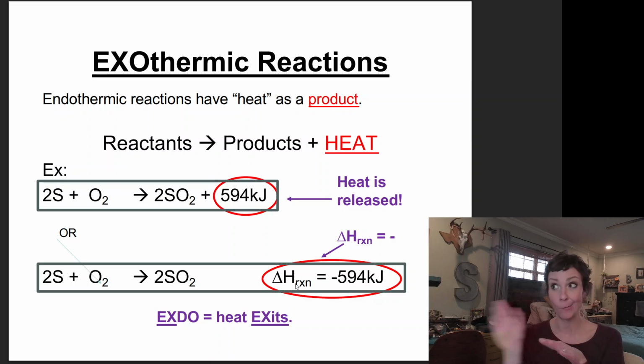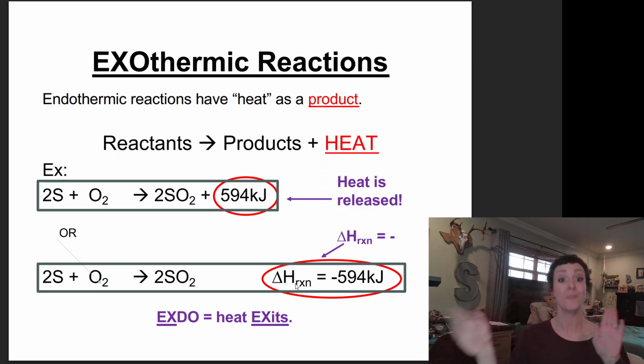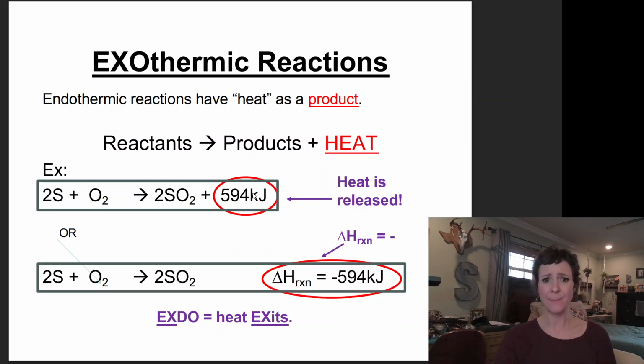Because that lets me know what side of my reaction I'm going to be on, right? If it's embedded in the equation and I see it on the product side, I'm like, yeah, that's exothermic. That is heat released. But this is how they let you know which side that heat is required to be a part of. So I think exo is heat exit, which is super exciting.